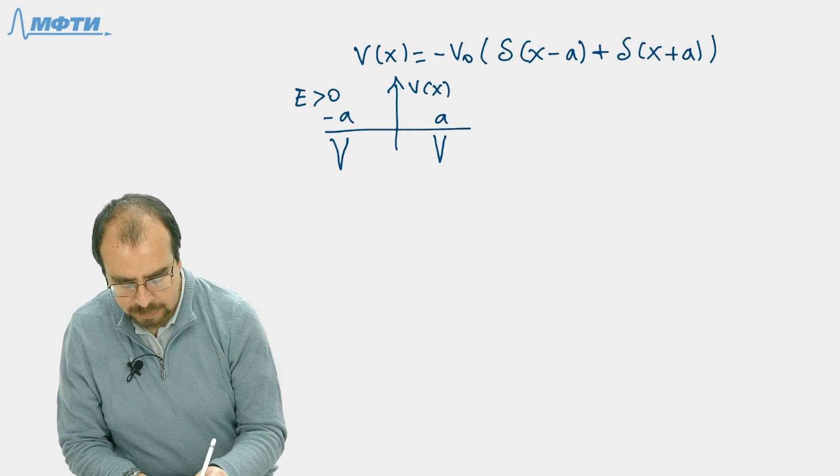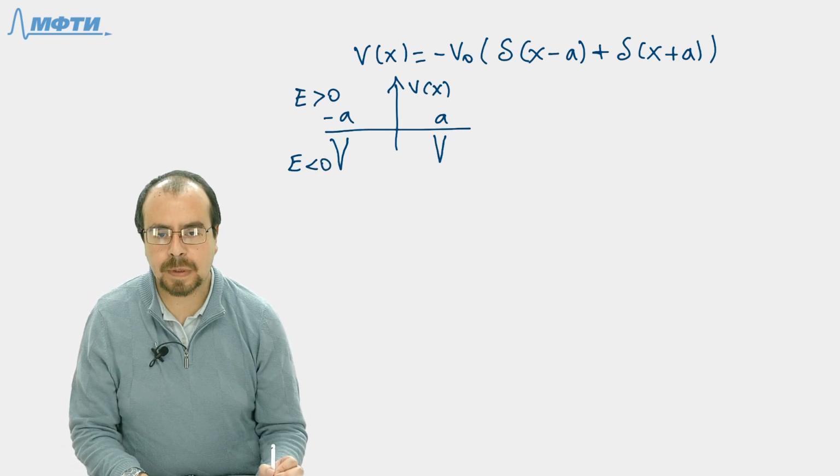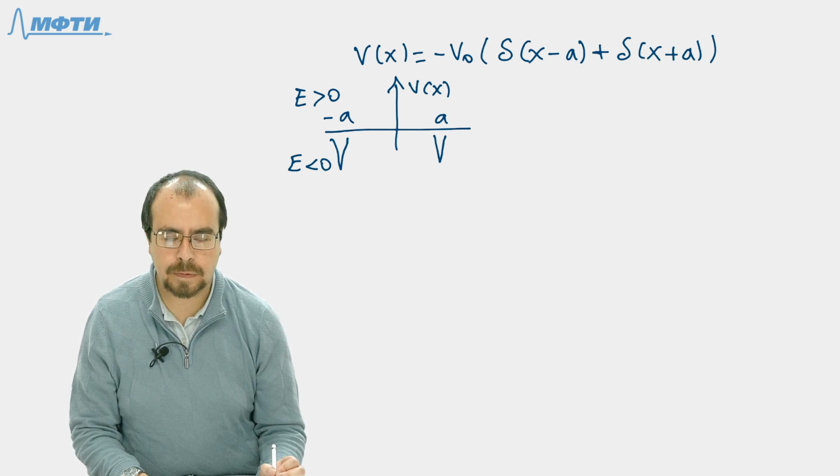But most importantly, if we ask for the bound states, that means for energies smaller than 0, we will have to solve the Schrödinger equation and see the behavior of this.